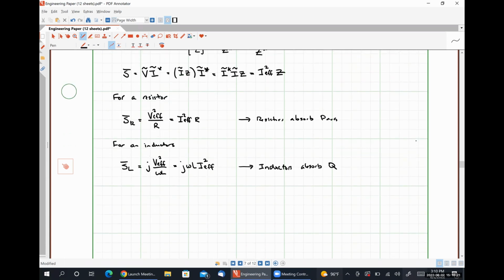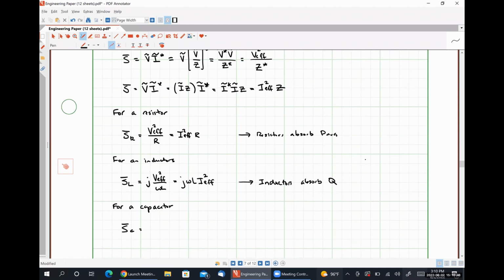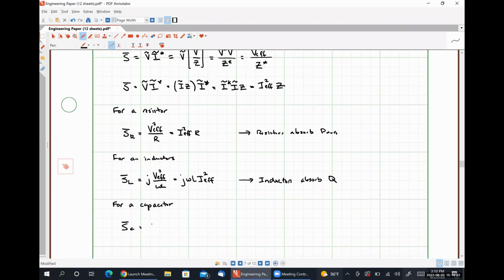And finally, for a capacitor, sorry, this should be C. In terms of the voltage, we're going to have V effective squared divided by the conjugate of the impedance of the capacitor.